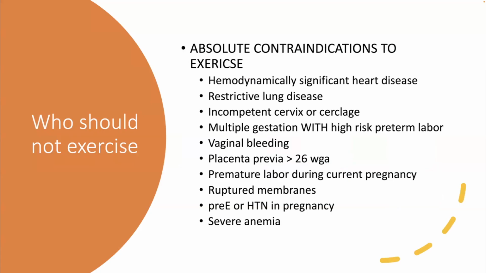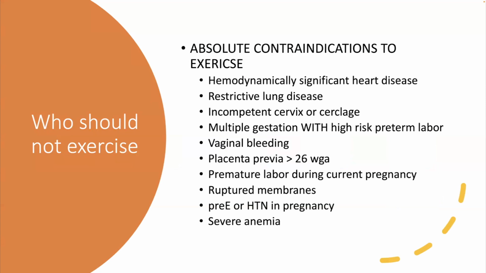So some of these absolute contraindications to exercise, again, these are things probably going to be told by the OB, but something just to keep in mind. Hemodynamically significant, any big heart disease, restrictive lung disease, of course, if they have any type of cervical incompetence, or if they have a cervical cerclage, of course, they're not going to be recommended to be exercising, at least high impact.